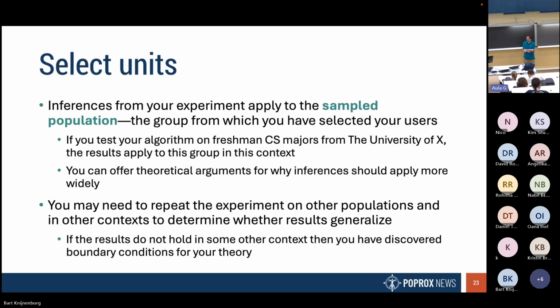That's an opportunity for a contribution, because then you can explain why. It's an interaction: under these conditions in Canada, this effect doesn't hold; in the US it does because of the election, as a trivial example. But adding moderators and boundary conditions makes for a much stronger paper.